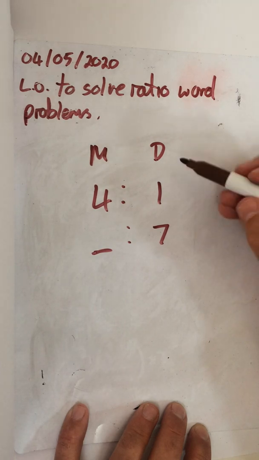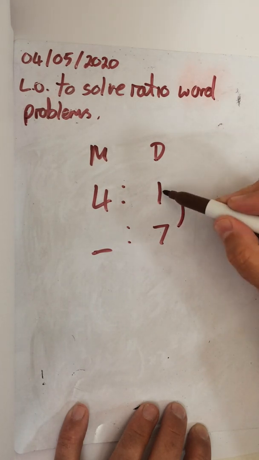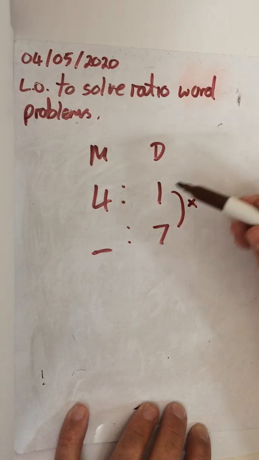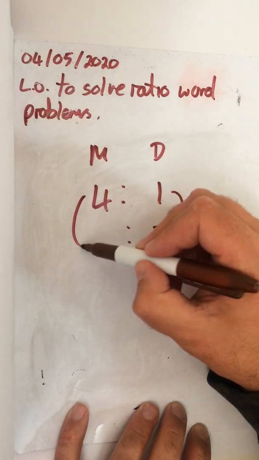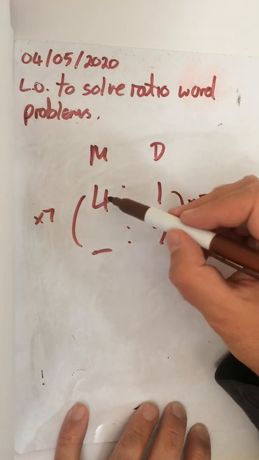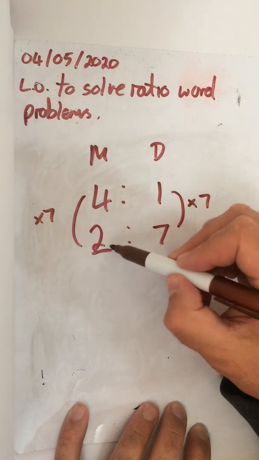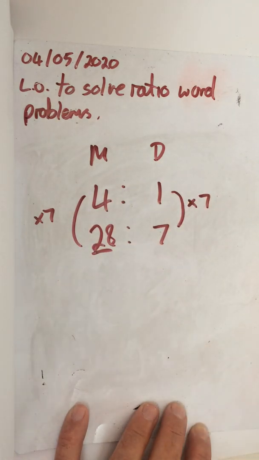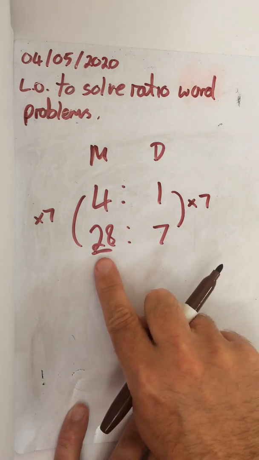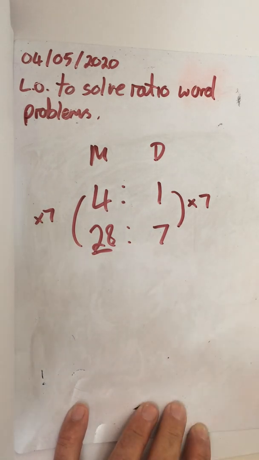So again, how do I go from here? How am I getting from the 1 to the 7? What am I timesing by? 1 times 7 is 7. So you do the same on the other side, timesing by 7. 7 4s are 28. So that tells me there will be 28 milk chocolates for 7 dark chocolates.